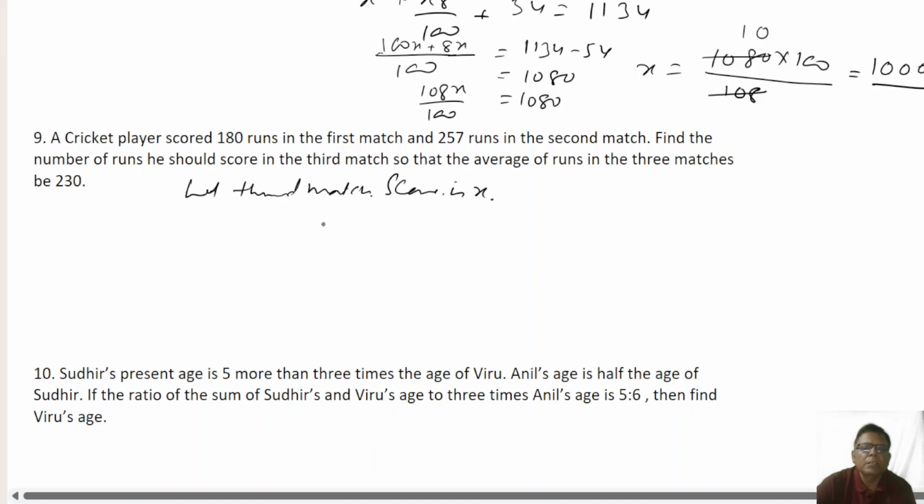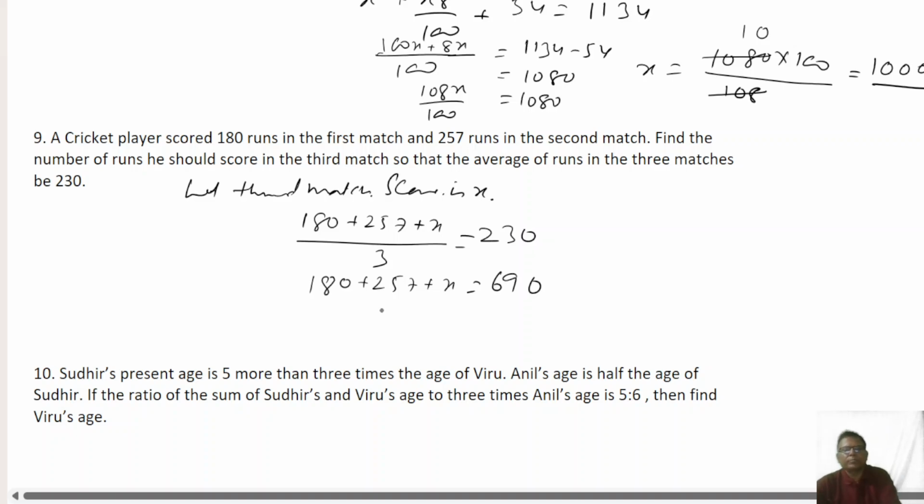be x. Then (180 plus 257 plus x) divided by 3 is equal to 230. So 180 plus 257 plus x is equal to 690. Then x is equal to 690 minus 180 minus 257.